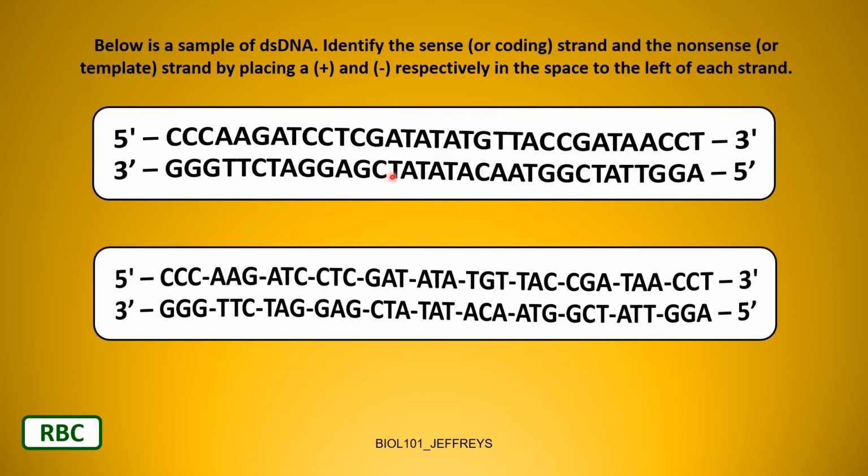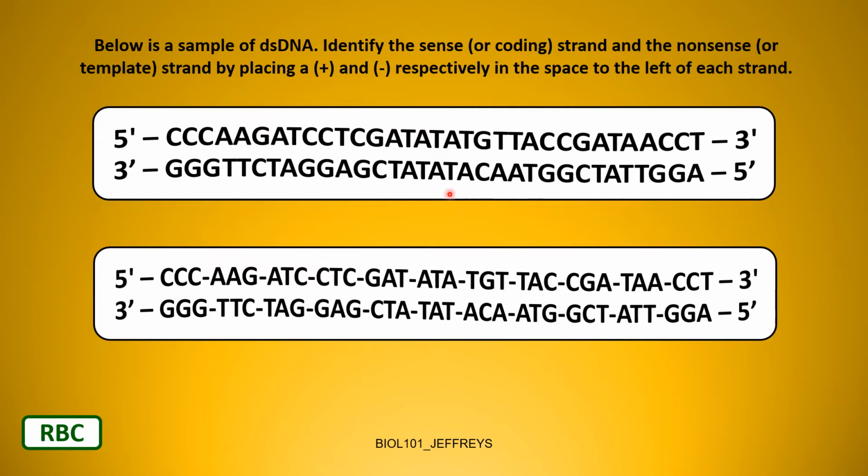So what I did, just to simplify it, I just broke it up 3 letters and put a dash between every 3 letters. Little dash, 3 letters, dash, and each one of these then is a codon, right? Because a codon is 3 letters. So just to make it easier on your eyes and ultimately on your brain, just break it up into individual codons. I did that with both strands.